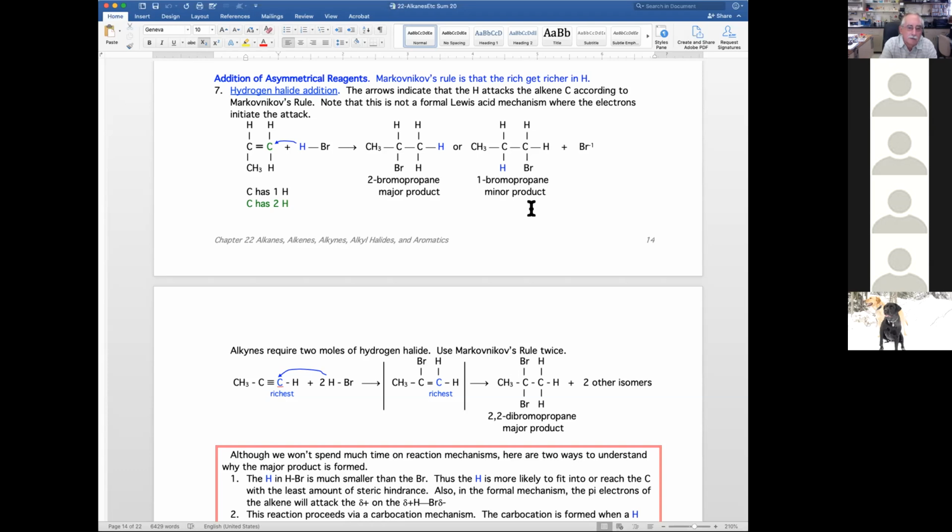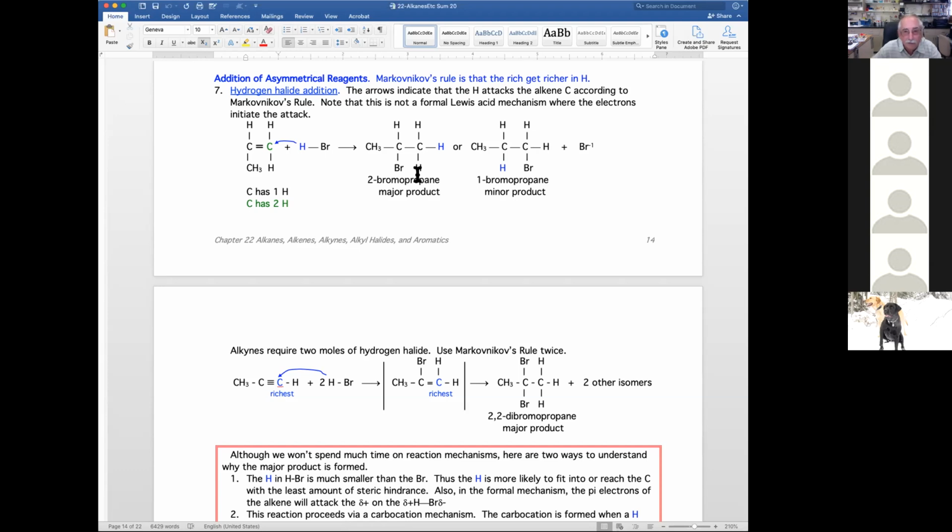So Markovnikov's rule, this basically is a way to say, well, which product is going to be the major product and which product is going to be the minor product. And it's not like this is 99, this is 1. This could be 51% and that 49%. But Markovnikov's rule almost always works. So what it really says is that the rich get richer.